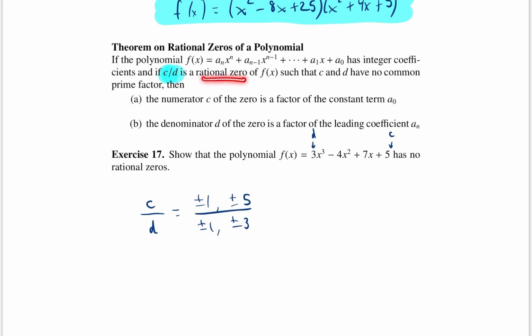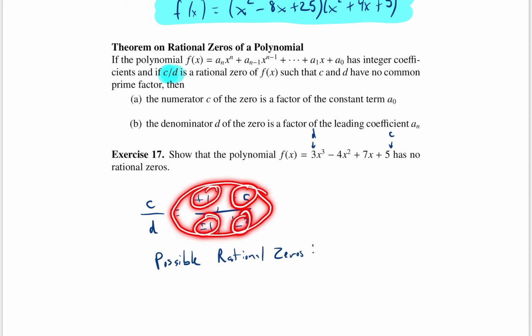So what this is saying is the only possible rational zeros of this function would be of these values. So the possible rational zeros are going to be, well, any kind of combination of these two numbers divided by these two numbers.